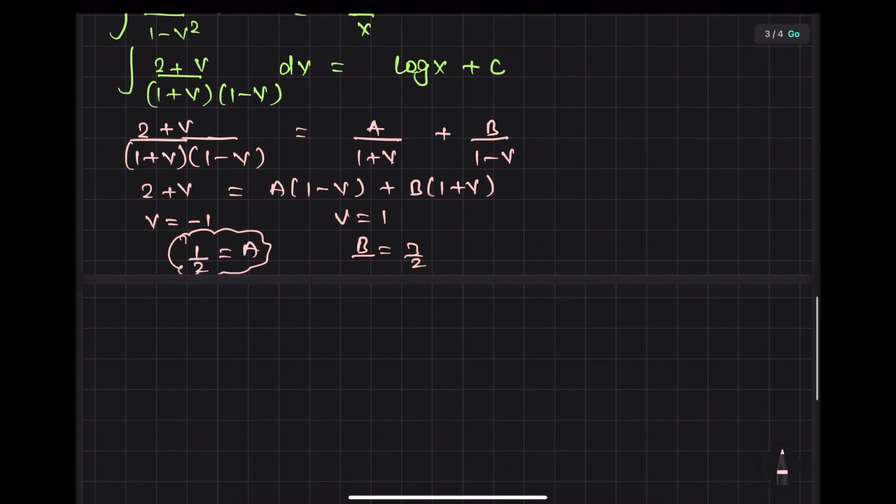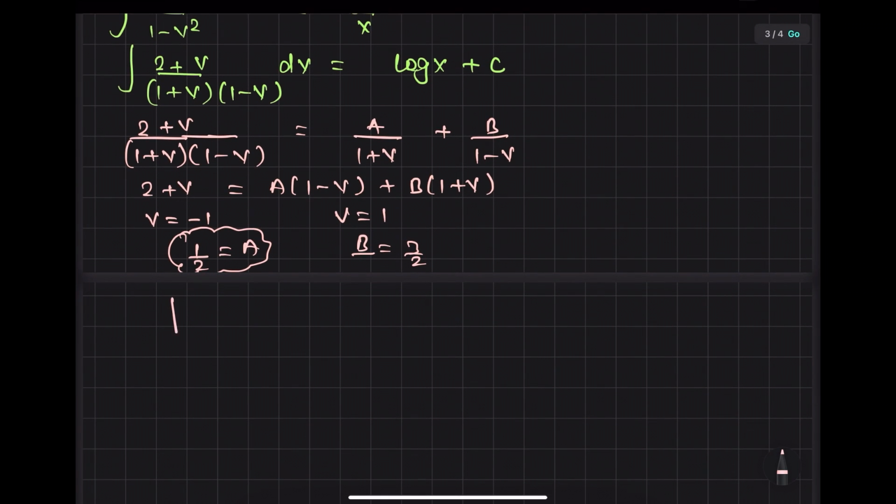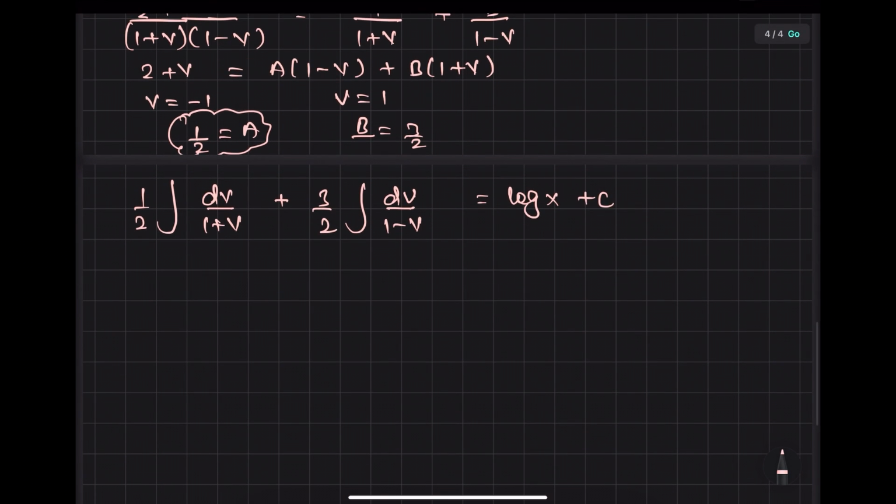Okay, now you can solve this question. You can write the first part as a by, that is, 1 by 2 integration dv by 1 plus v plus 3 by 2 integration dv by 1 minus v is equal to log x plus integration constant c. Now you can write down this thing as 1 by 2.